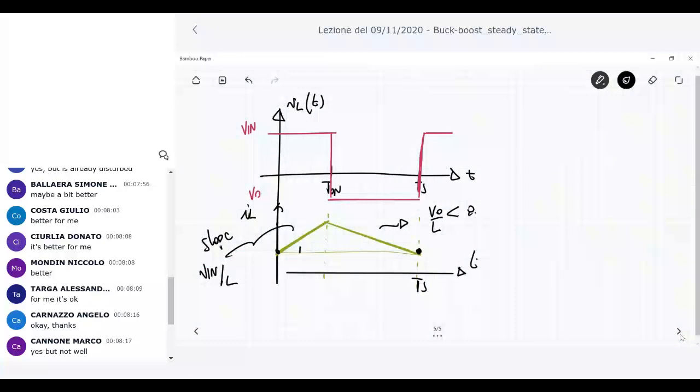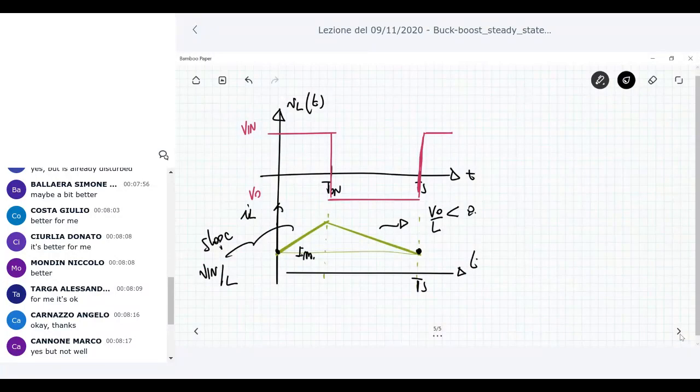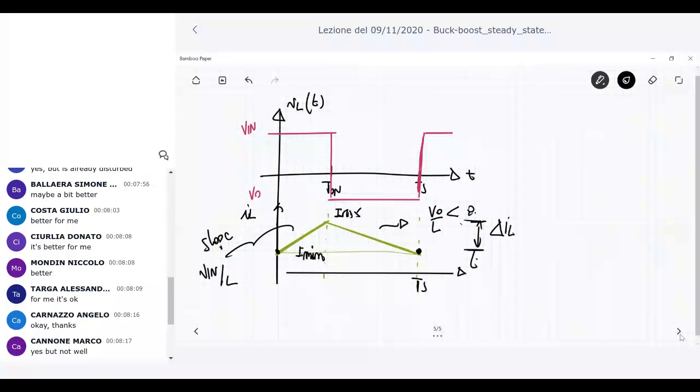We can define I min, the minimum current flowing in the inductor, and I max, the maximum current flowing in the inductor, and the difference between the two is called the ripple current through the inductor. Again, we are in the steady state.